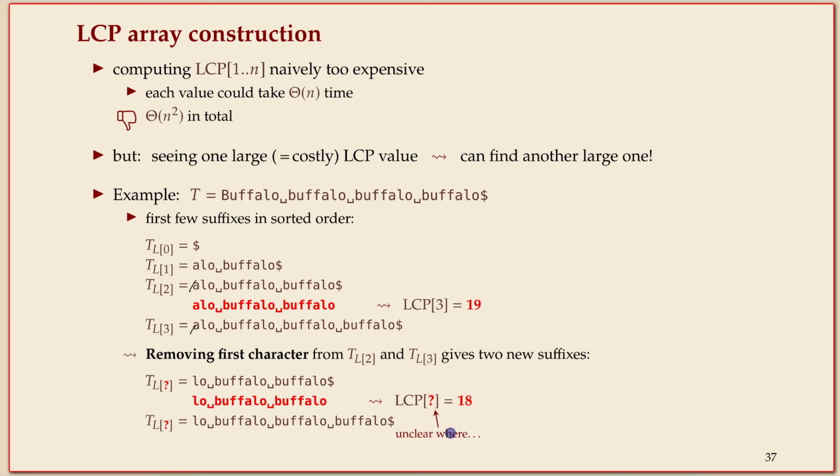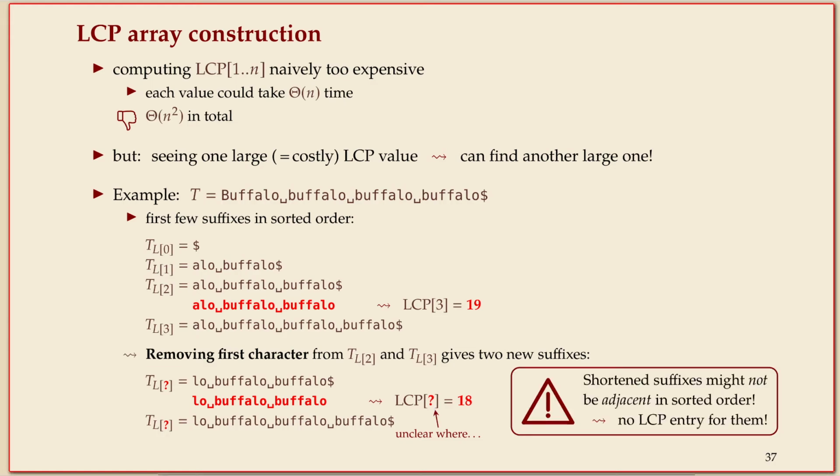So they will also have a really long common prefix because they share all but the first of these 19 characters. And you already know that. So you don't want to start from scratch comparing for this next one. The tricky bit is it's not so clear where these shorter suffixes are and where the LCP value is that you are trying to infer from this.